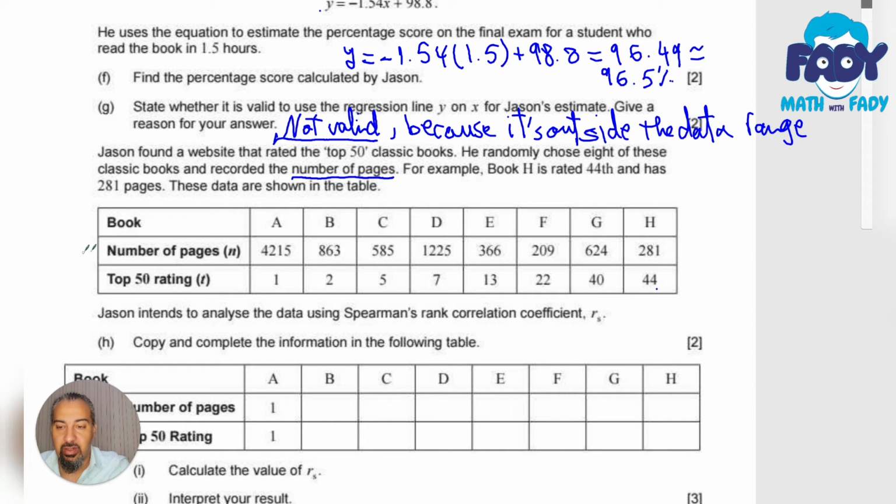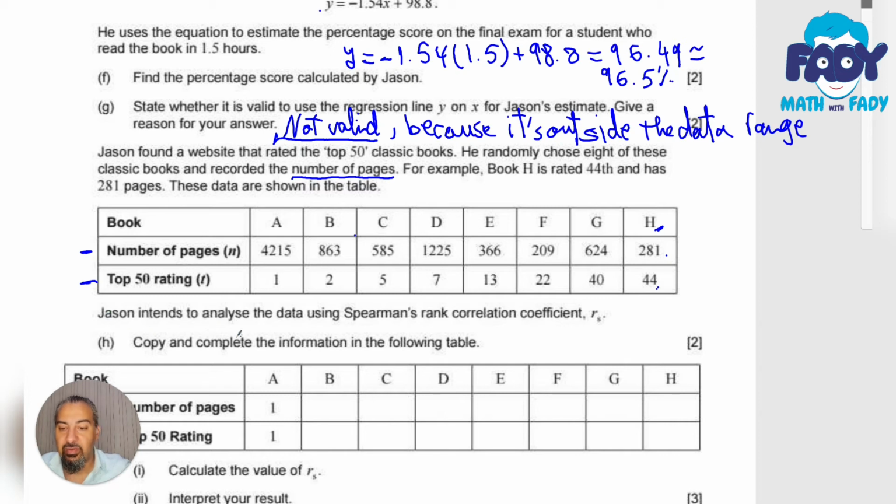So here is the number of pages, and here is the rank. This is shown in the table. So we have books A, B, C, D, E, F, G, H, number of pages, and the rank.